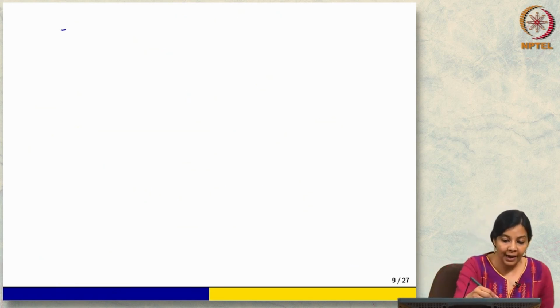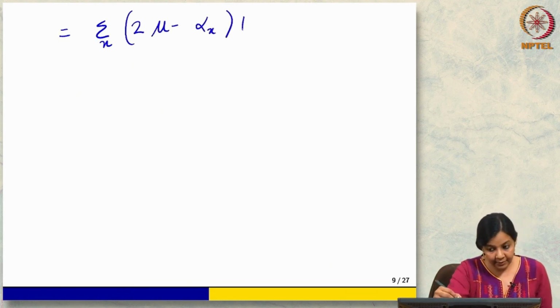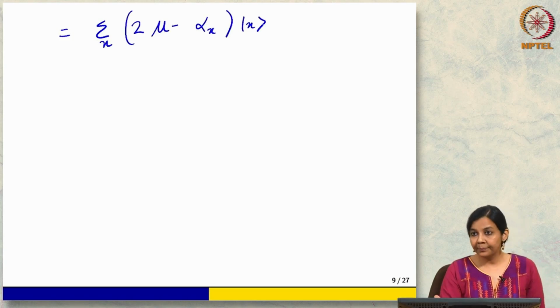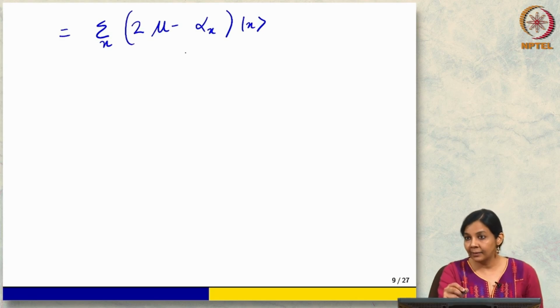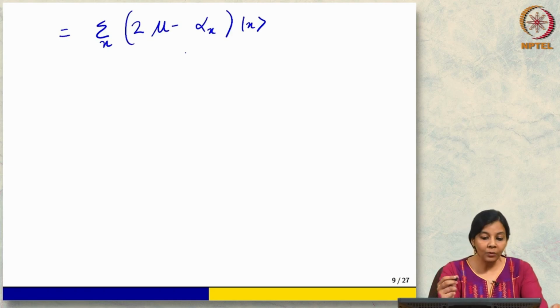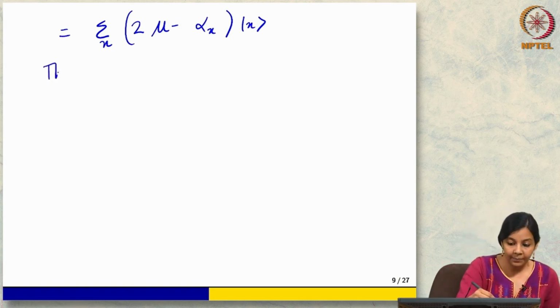I claim that I got summation over x 2 times mu minus alpha x. Everyone agrees with that? Okay, and this is exactly the map that I wanted to apply in the algorithm. Okay, so this shows that this map is indeed a valid unitary. Okay, so this is the map that we applied.